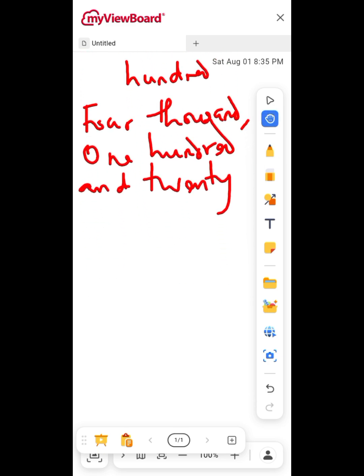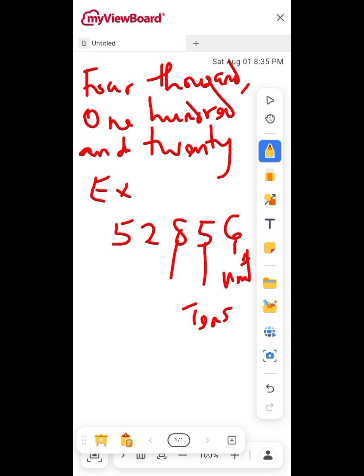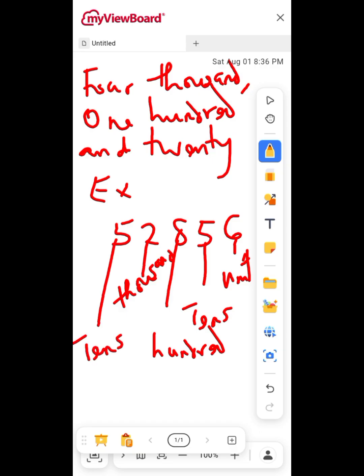So let's go to the next example. I have 52,856, and I want to write this in words. What will I do? Following what I told you, put your place values. My 6 is my unit, followed by my tens, followed by my hundreds. My 2 is my thousands, and my 5 is my tens of thousands.